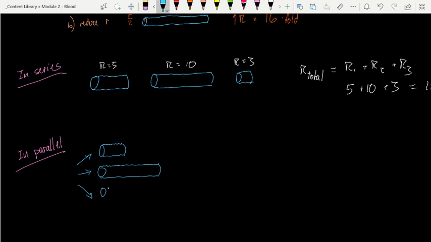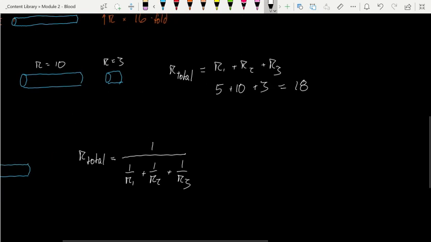And then we have the short one, that was 3. And we've split up and we've gone through all of them at the same time in parallel. Well, in this scenario, my total resistance, R total, is going to equal 1 over R1 plus 1 over R2 plus 1 over R3.